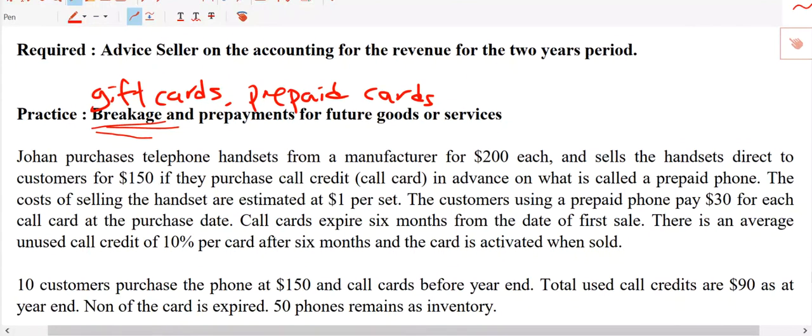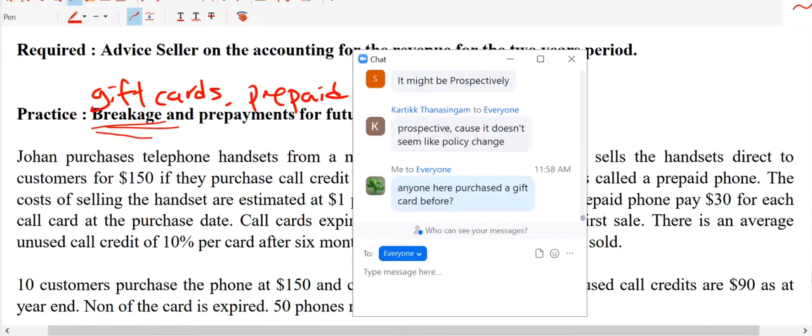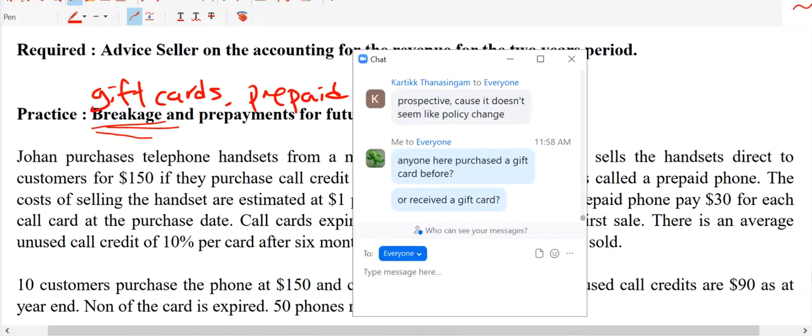So let's have a chat here. Okay, let me ask you a question. Anyone here purchased a gift card before, or received a gift card?